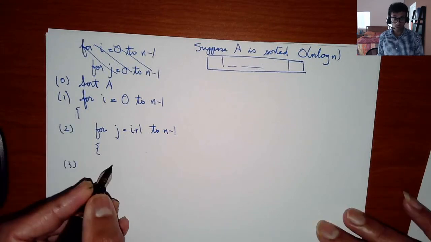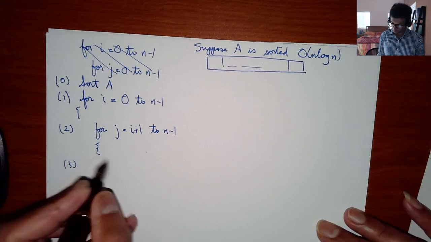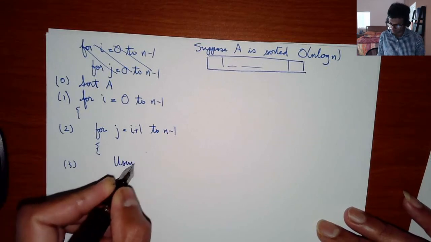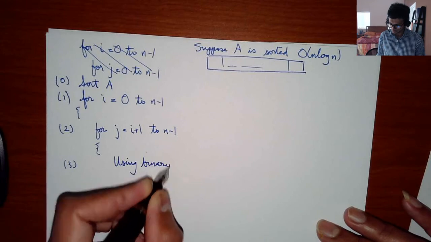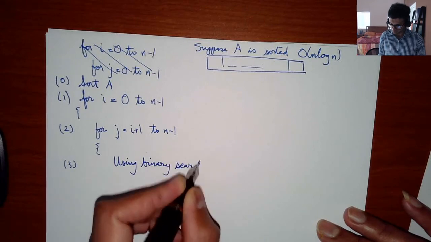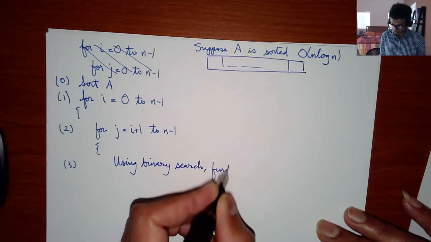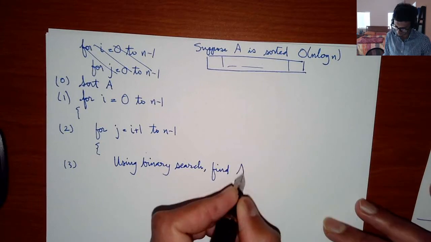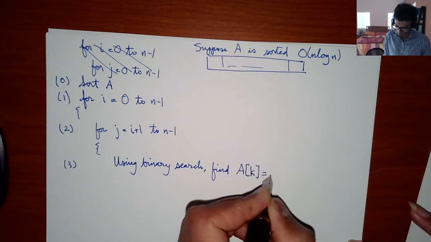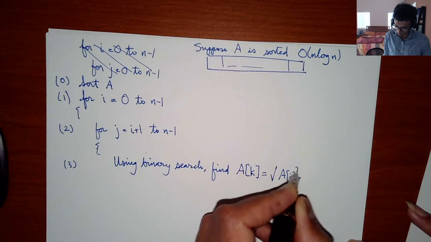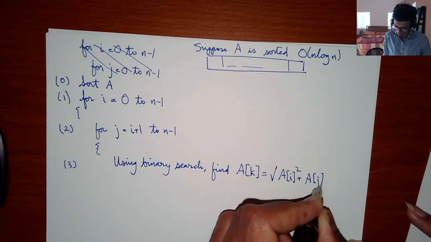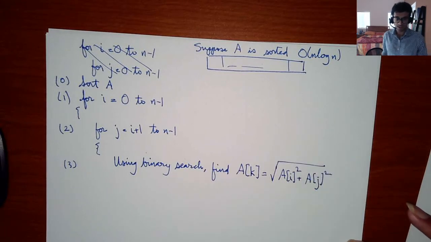Then in here, what I can do is, using binary search, find an AK that is equal to the square root of AI square plus AJ square.